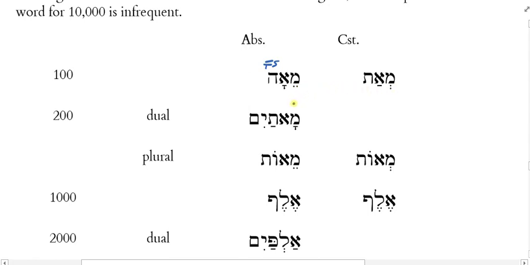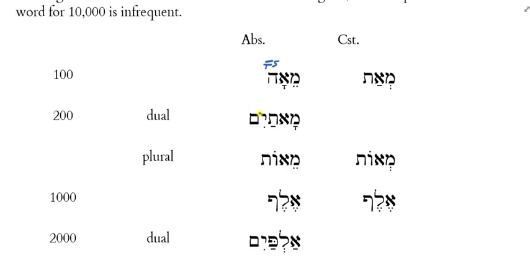Okay? Now, what if I want to say 200? Well, I take the number 100 and I make it dual. In other words, I don't put the number 2 in front of it. I just add a dual ending. So if me'ah means set of 100, matayim means 2 sets of 100. Okay? Because a dual of anything is a set or a pair of them.